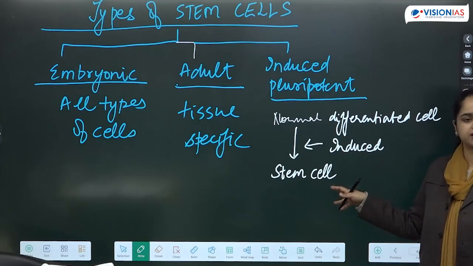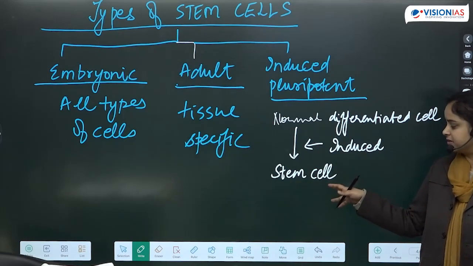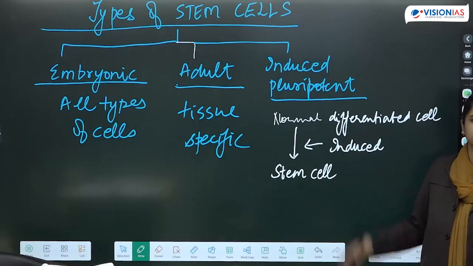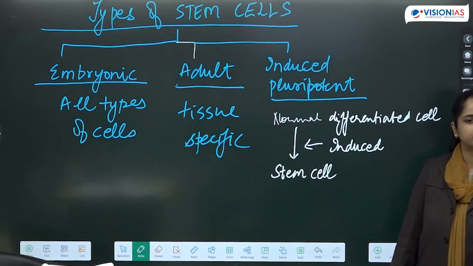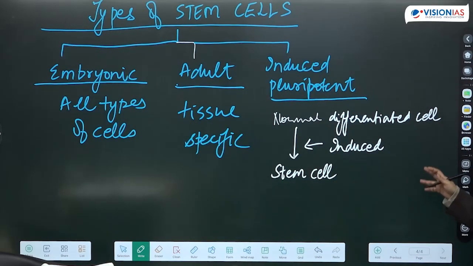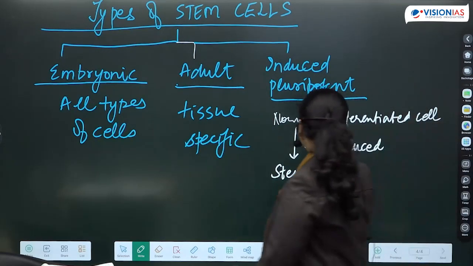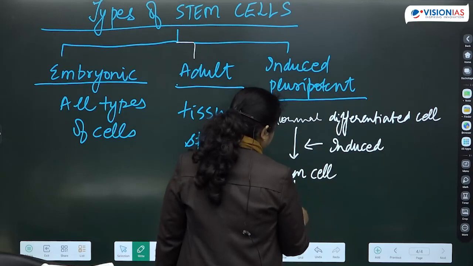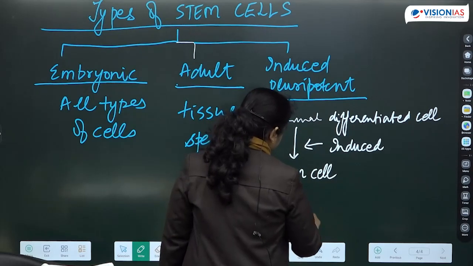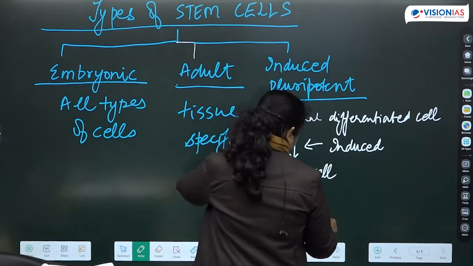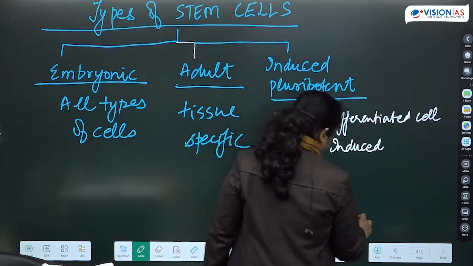We have treated it successfully. It is a stem cell now, and it is a pluripotent stem cell. Pluripotent means it can now change to all types of cells of the body. So further you can take it and it will become any type of cell of the body.